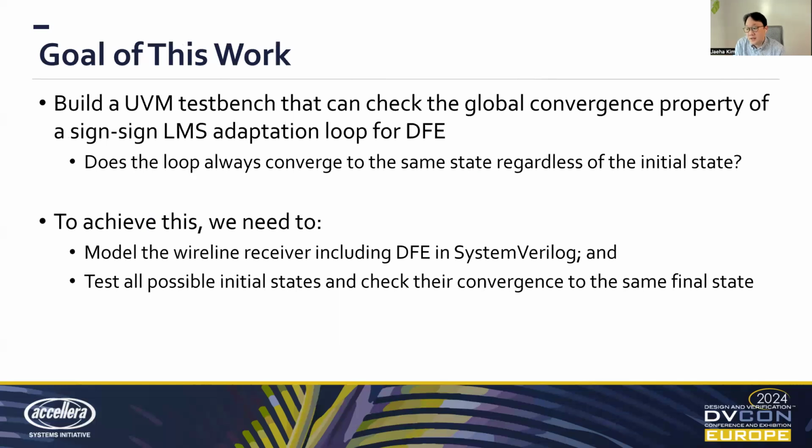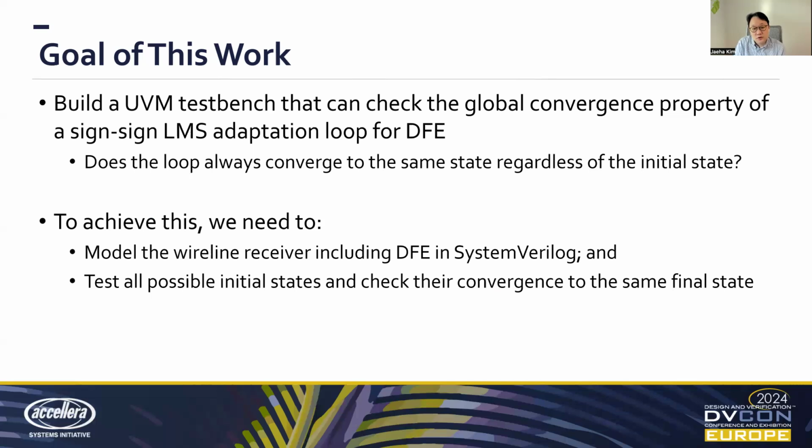For various reasons, the DFE adaptation engine can be initialized to various starting conditions. For example, you can initialize your coefficient values, or maybe it will start recalibration in the middle. And we don't want our DFE to settle to some bad state and never get out of there, because that will be a global convergence failure.